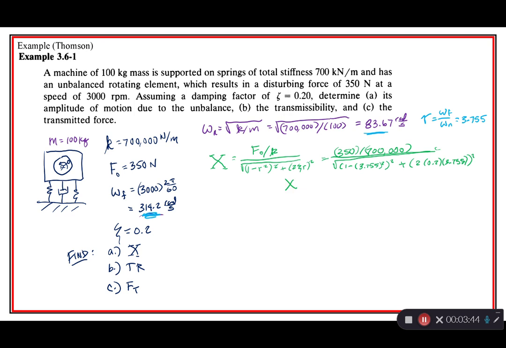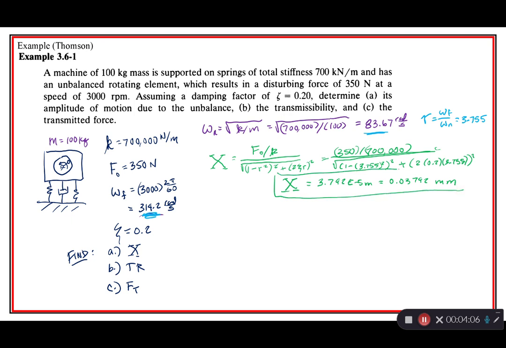And we get an x equal to 3.792 E minus 5 meters, which we could write as 0.03792 millimeters.